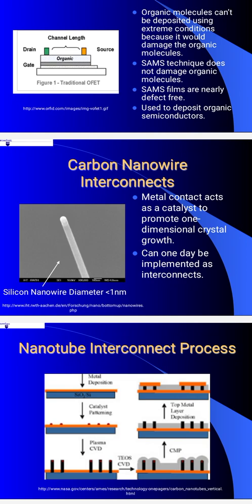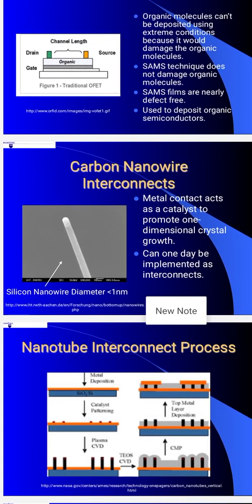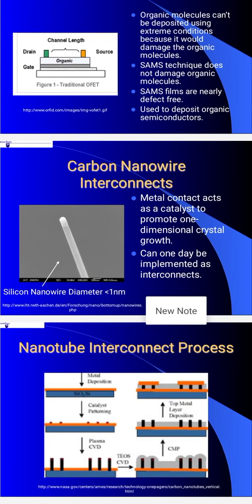Why we are using carbon nanowires as interconnects is not written there. I will tell you that. If you use a metal interconnect in nano size and current passes through it, because the size is very small, the current will have too much energy. It will release too much heat energy.